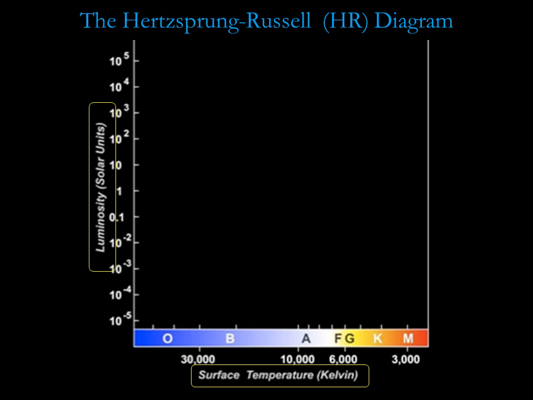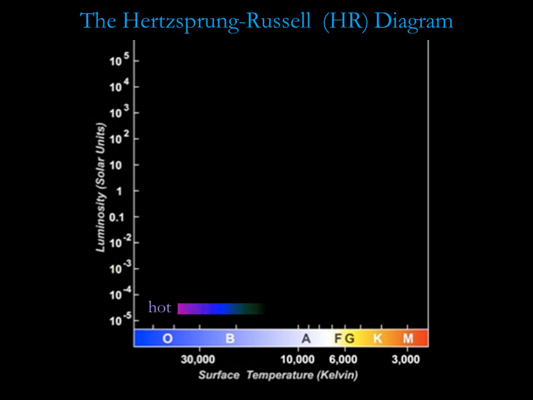We call these plots Hertzsprung-Russell diagrams, or HR diagrams. The luminosity on the vertical axis is given in units of the Sun's luminosity. The spectral type on the horizontal axis represents stellar surface temperatures. The temperature decreases from left to right.